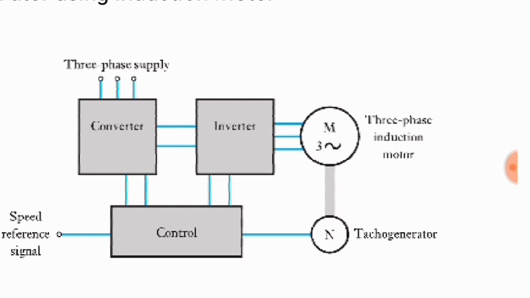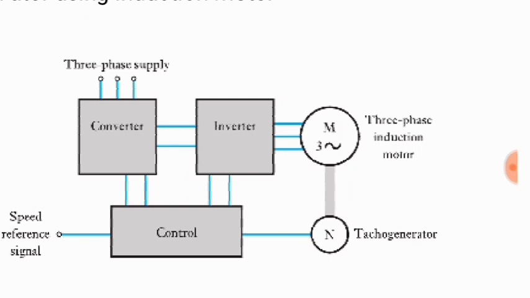Depending upon the magnitude of the error signal, the controller produces a control signal and it is given to the converter and inverter. The converter and inverter block combinedly produce a three-phase supply with a specific frequency that depends upon the control signal. And depending upon that frequency, the three-phase induction motor's speed will be adjusted. That's how this block works.